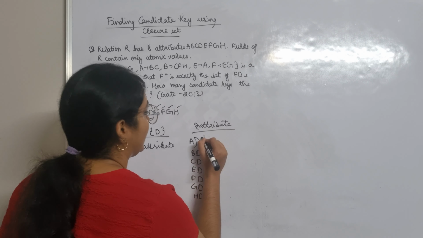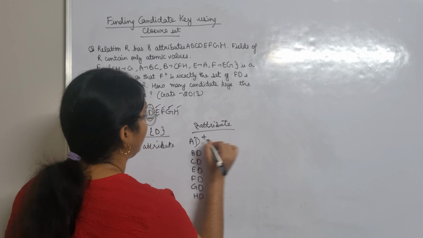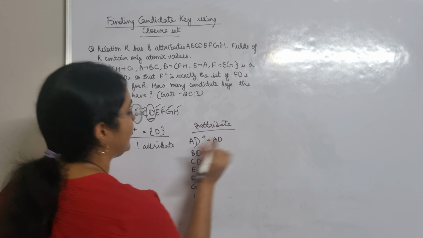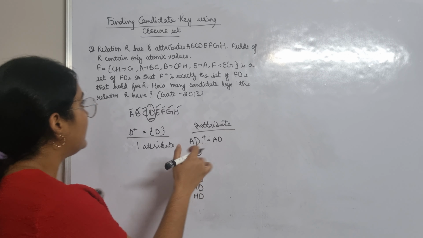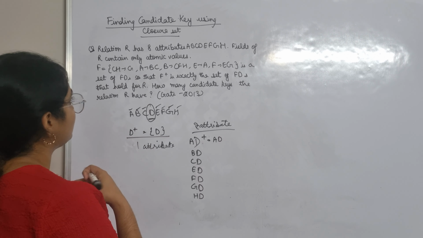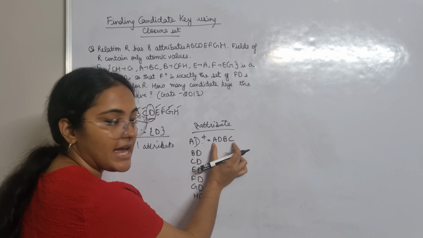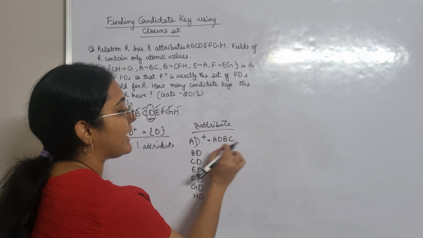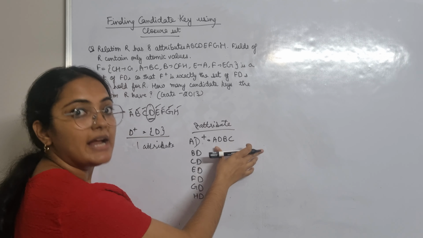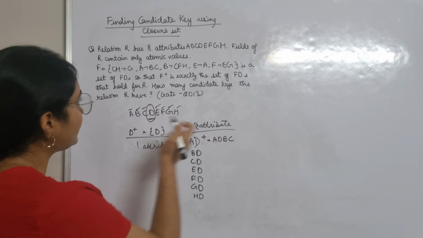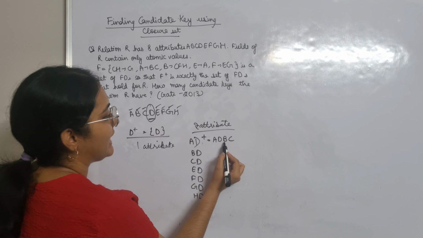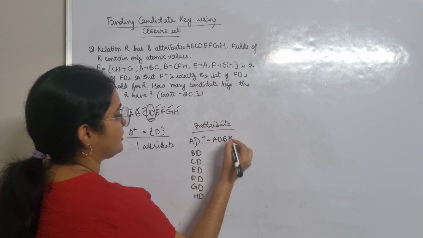Let's say AD. We find the closure: AD gives AD, reflexive rule. Now CH gives G. Do we have CH? No. A gives BC. A we have? Yes. B, C. Now this is the set of attributes we have, and using this we progressively find what all attributes we can derive. B gives CFH. Do we have B? Yes, CFH.